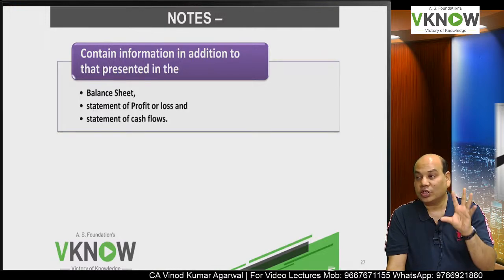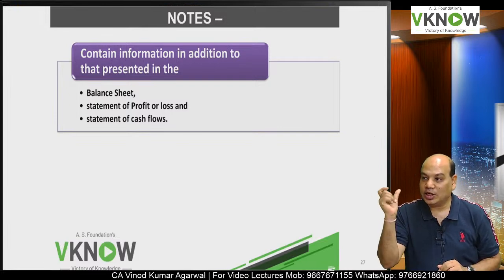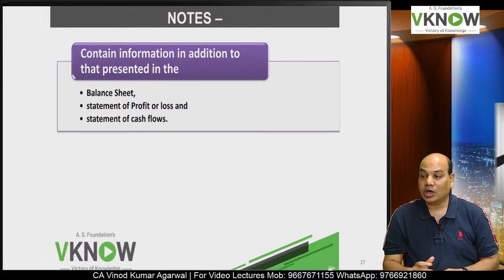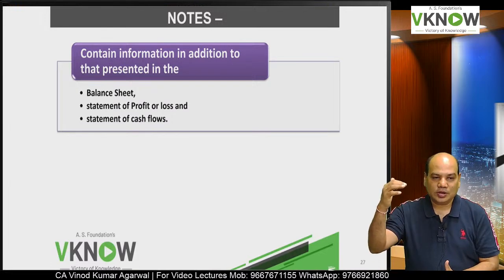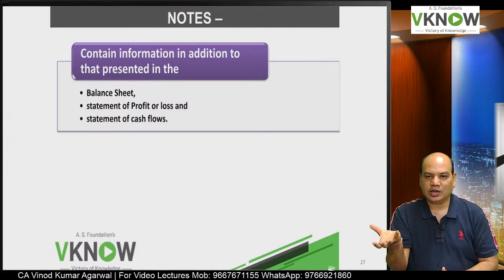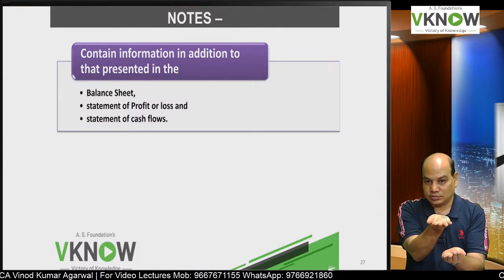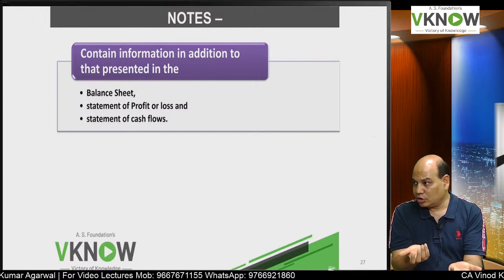Like for example, contingent liability disclosure, related party disclosure, accounting policy disclosures, breakup of, say, inventory. In the balance sheet I will write inventory, but then how much is WIP, raw material, finished goods, etc., I need to give in the notes.